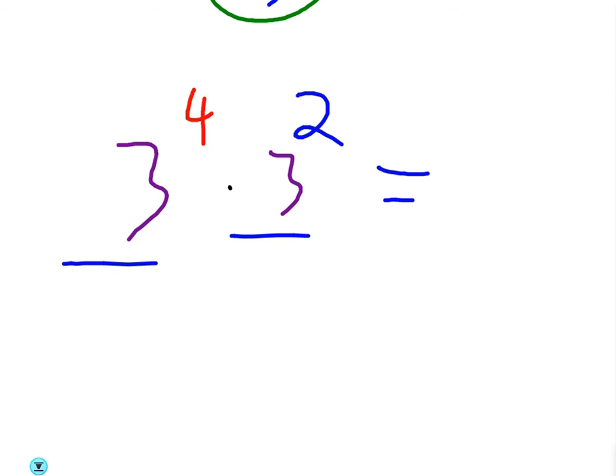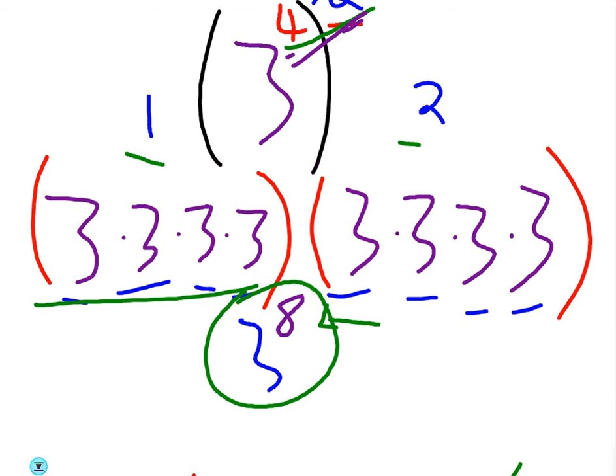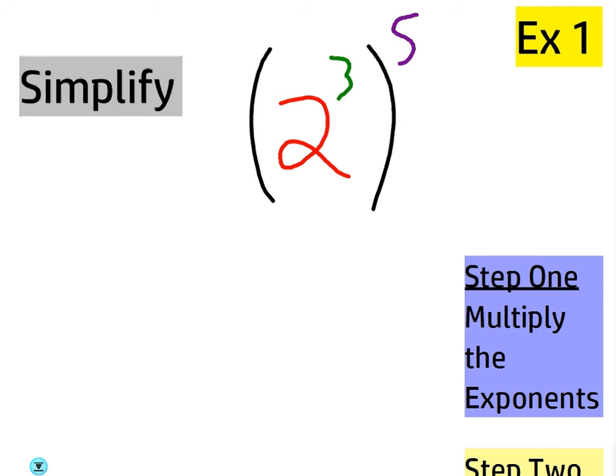I understand that you can confuse the rules, but I'm explaining the difference between the two. In that case, you do add them. We already explained why: you have 4 3s here and 2 3s here, so that's 6 3s total. That breaks down differently simply because it's a power to a power. Make sure you can distinguish the difference between the two just by the way they look.